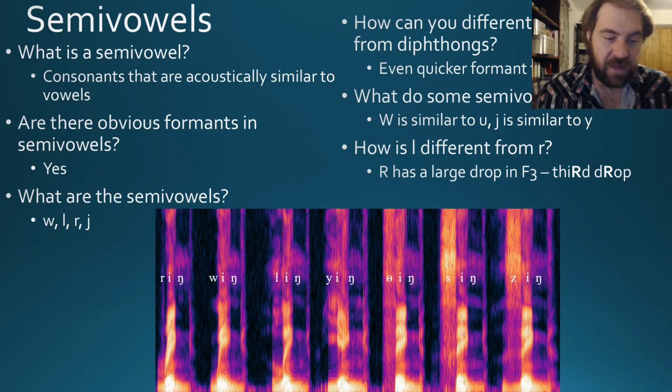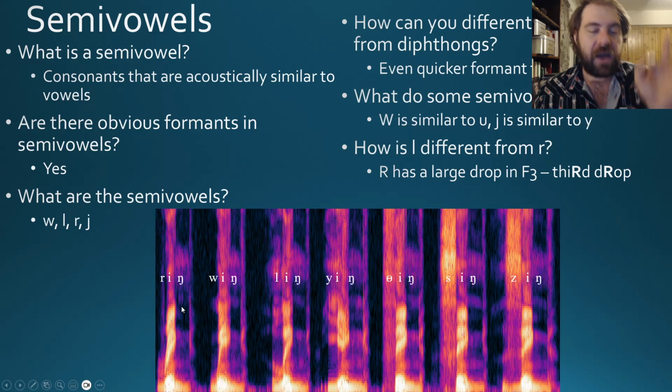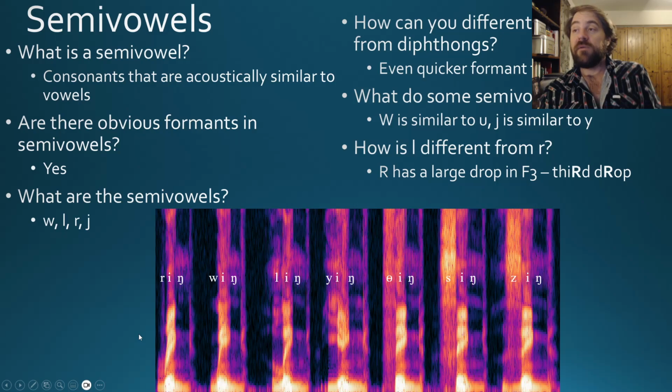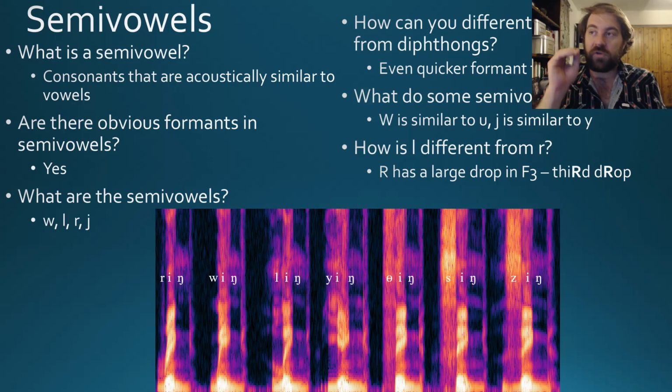That doesn't make any sense. So here's your third formant, and you see this just drop way down for the ring. You can see it pop out of it into the E. You can really see that it's the only third formant that has that big of a drop. So R really is characterized by that big third drop.